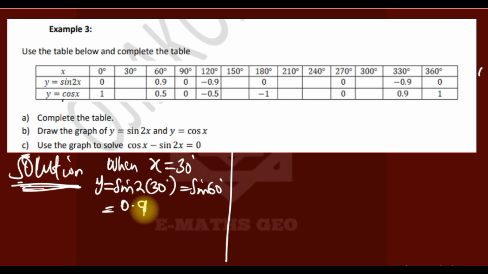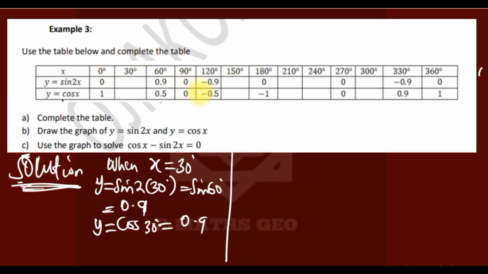We're using one decimal place. If you now substitute y equal to cos 30, cos 30 and sine 60 are the same, so we have 0.9. So that's how we fill up the tables.